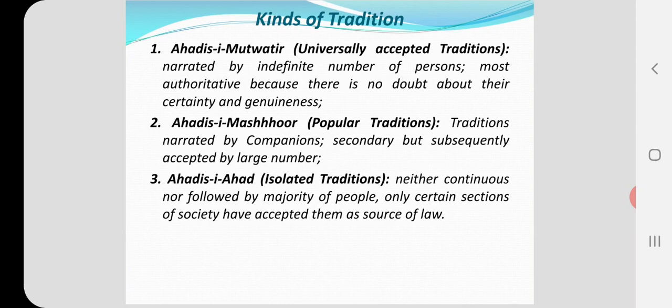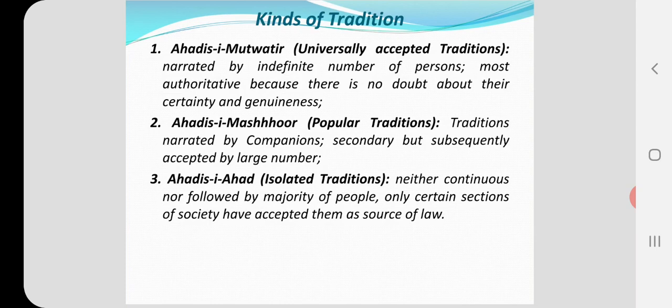In this slide, I have explained that some of the ahadis are called ahadis mutawatir. These are those ahadis which are universally accepted. Continuously, they have been reported or narrated by many people. Muslims believe in these ahadis and traditions.